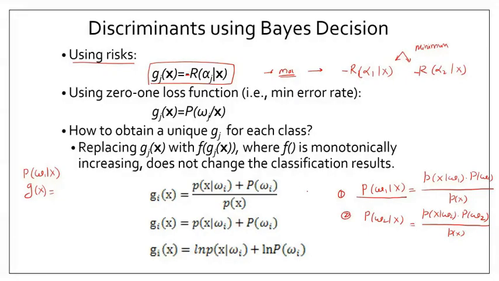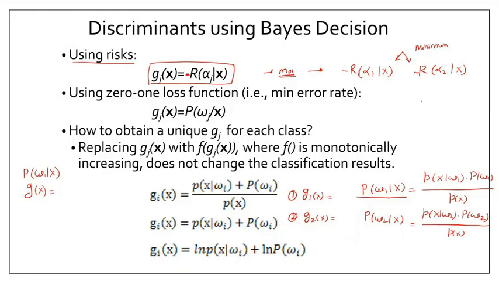Now suppose I call them g1x and g2x, and I use this equation directly. Say we have the numbers 1 and 2 as my discriminant functions.